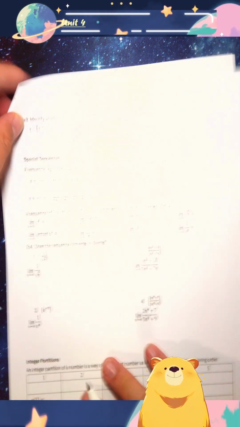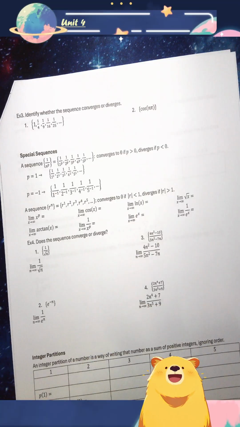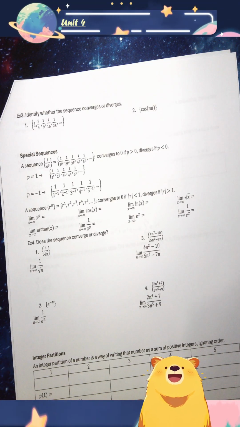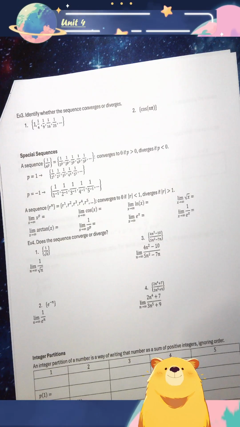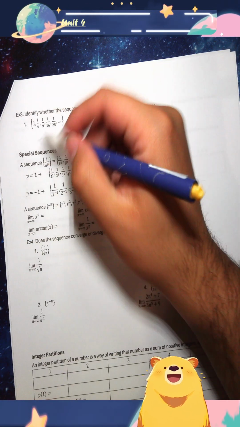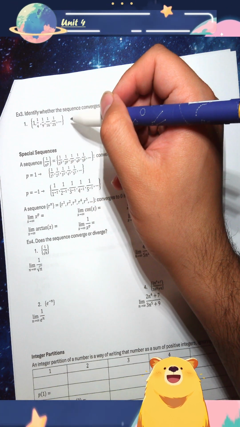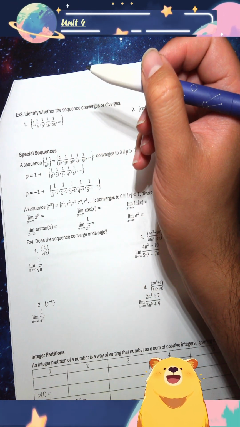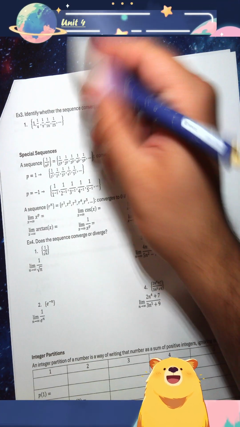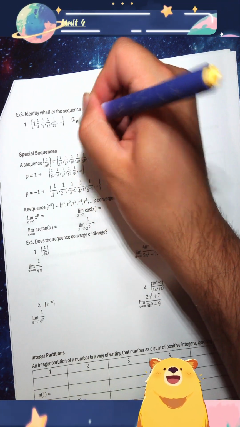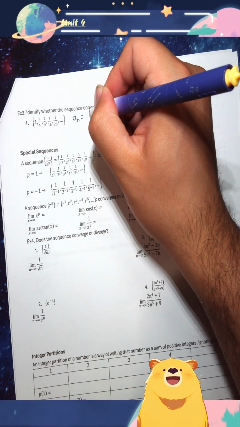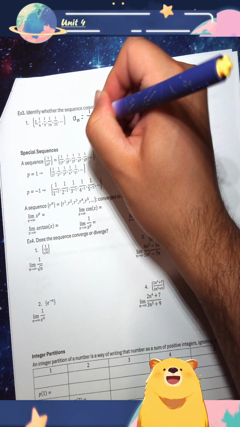Let's go over here. Identify whether the sequence converges or diverges. Well, we can see here that this number is getting smaller. And we could even give it a label. We can say a_n is definitely just 1 over n squared.